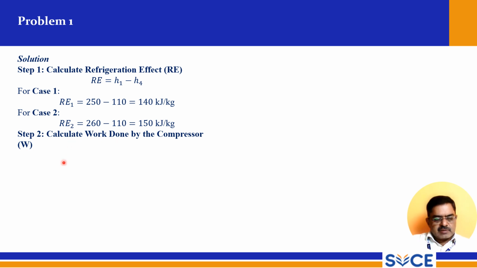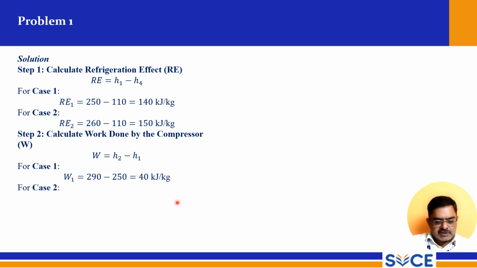Work done by the compressor W equal to H2 minus H1. We know H2 as well as H1, so W1 equal to 290 minus 250, it becomes 40 kilojoules per kg, and for case 2, 300 minus 260, it is also 40 kilojoules per kg.